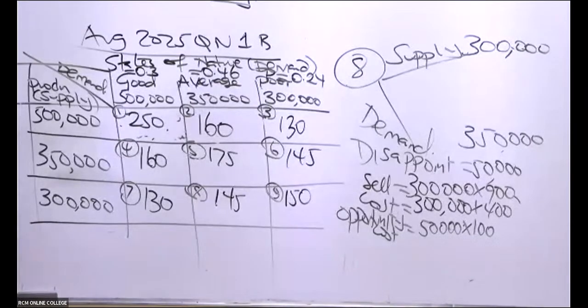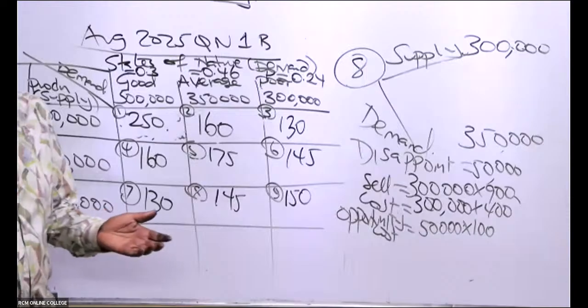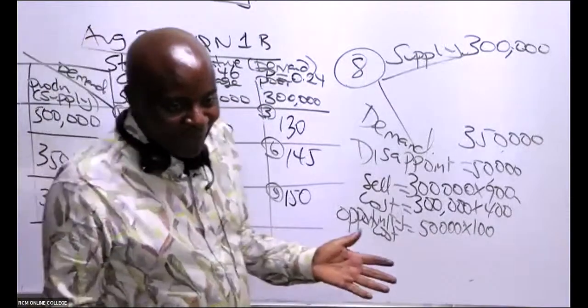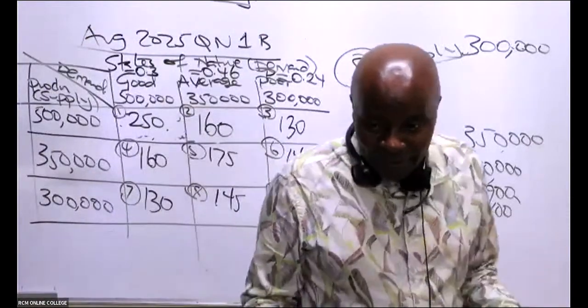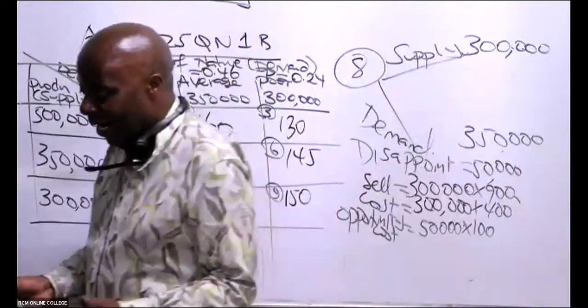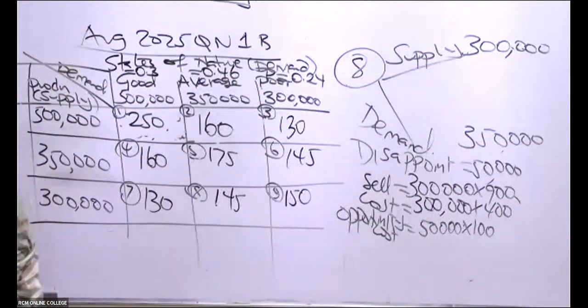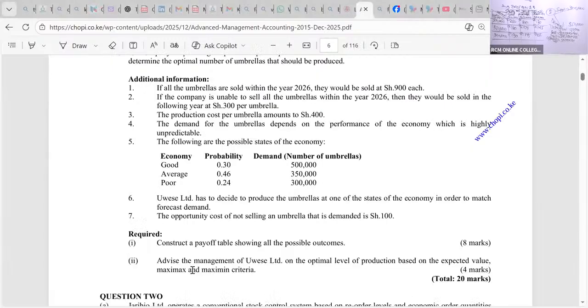Now it's okay. So which criteria do they want us to use to advise? Maxi or maximini? Both? Advise the management of US Limited on the optimal level of production based on expected value, maxi, and maximini criteria.